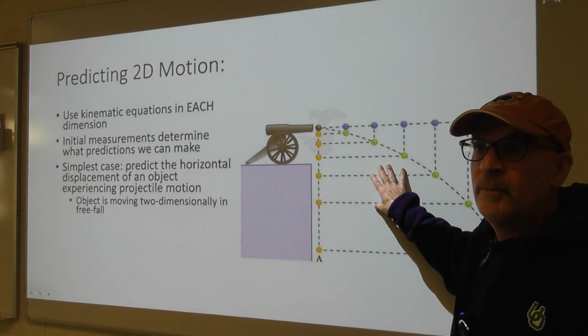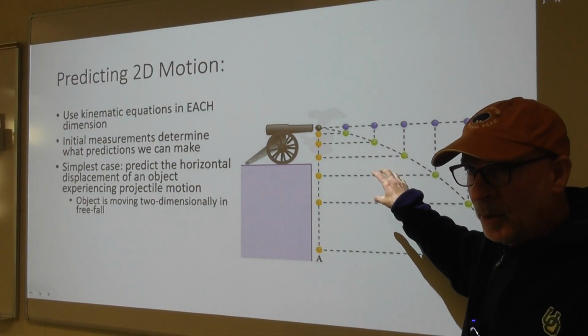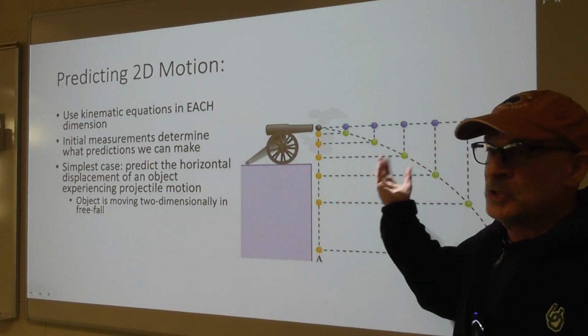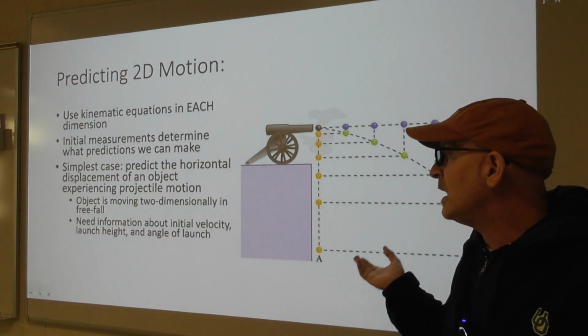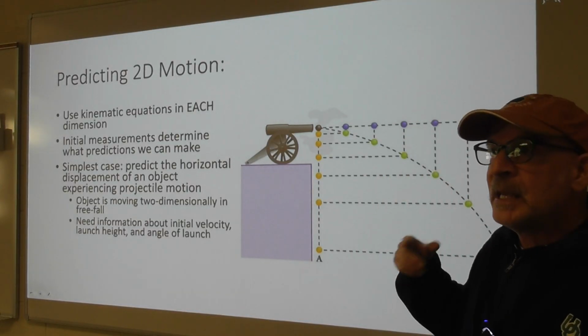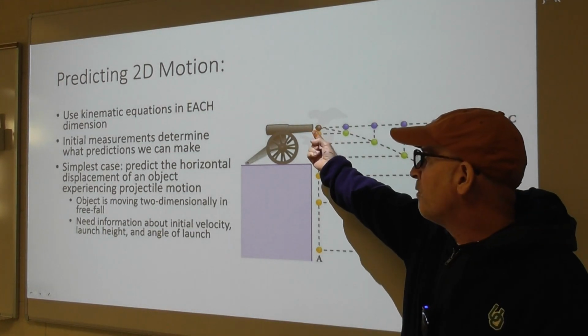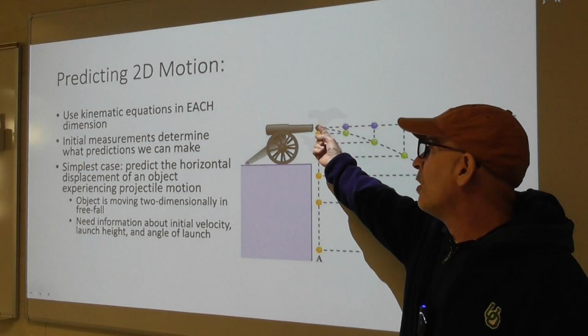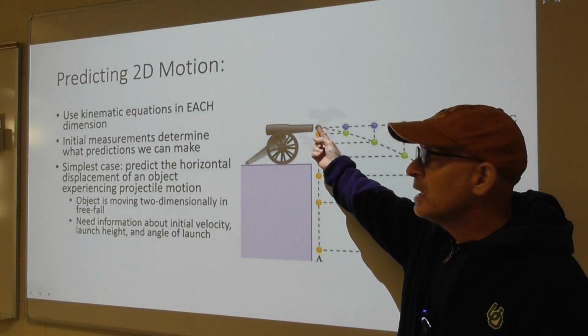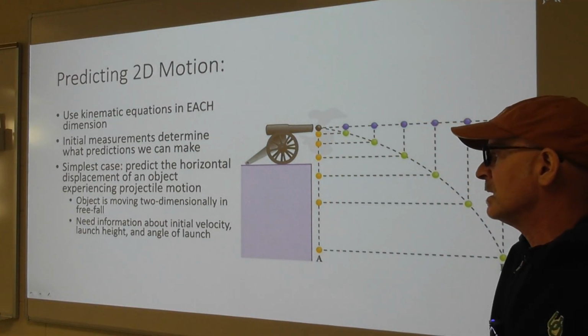It's in free fall. There's nothing holding it up, and there's nothing causing it to change its motion except the Earth's gravity. So what that means is if we know how fast it's going, the angle of its launch, and how high off the ground it was launched, then we can predict the path that it's going to take.